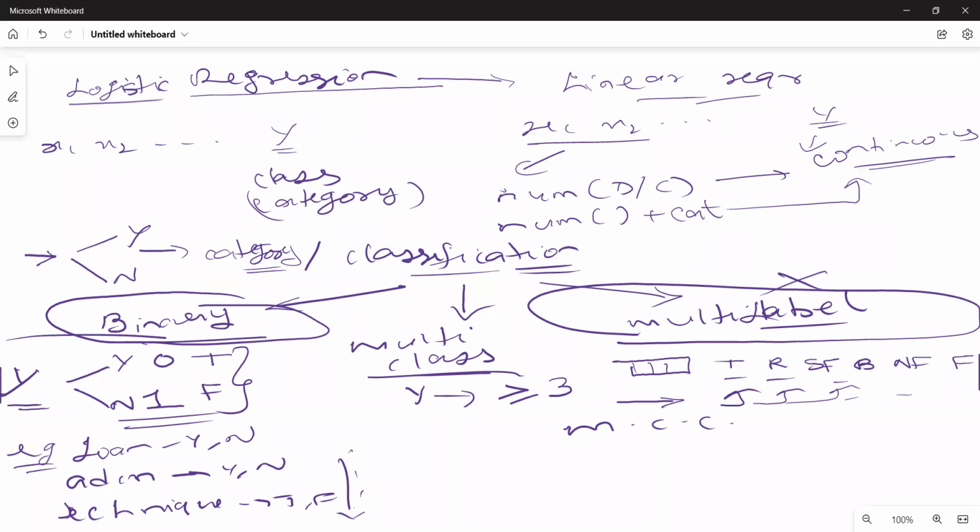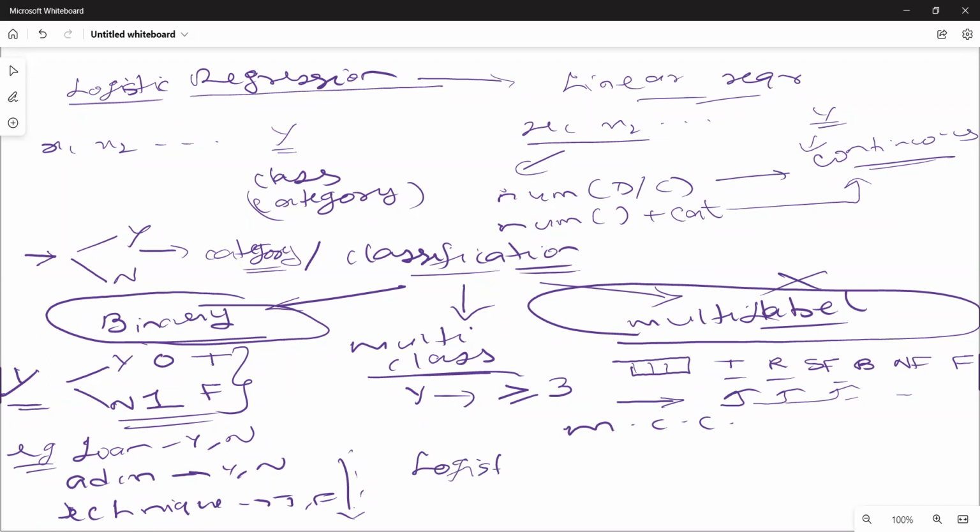So logistic regression deals mainly with binary classification, even though it can be used for multi-class also, but mainly it is used for binary classification. Any questions on this?